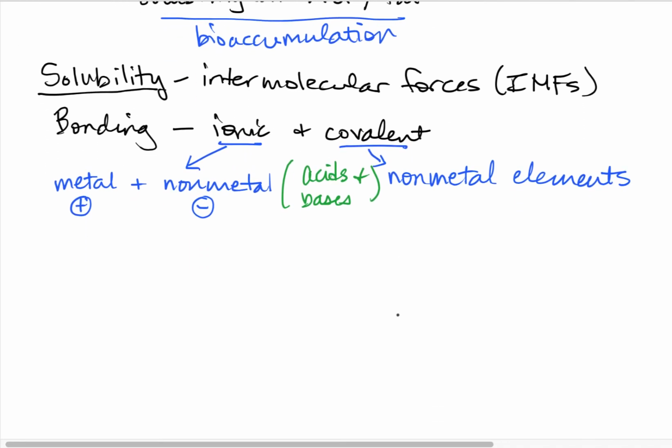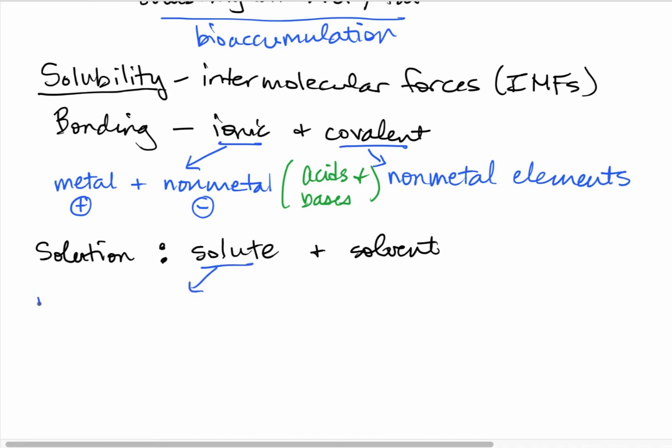All right, so before we get too far into our solubility and our bonding and what kind of materials we have, we also just need to talk about what a solution is. So a solution is made out of a solute and a solvent. And the only thing that distinguishes these from each other is that the solute, and you can have more than one, is the minority component in your mixture.